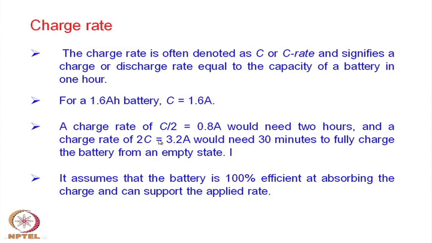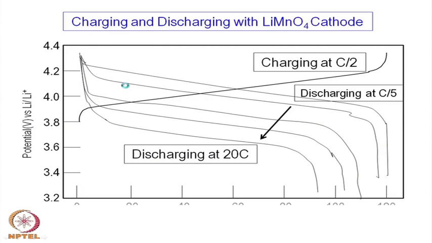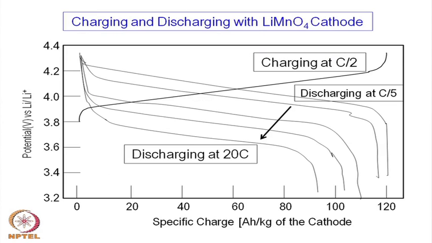Under this context, if you go back to this particular curve, you can see the charging is being done at a C/2 rate, half the total capacity, and then discharging has been tried out at C/5, and increasing up to 20 C, 20 times the capacity of the battery.